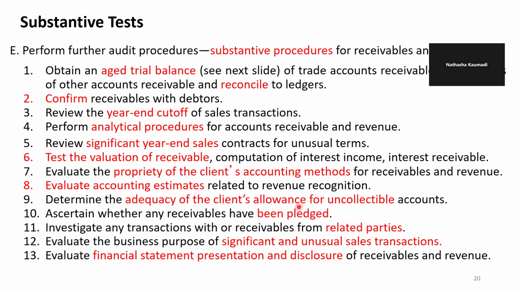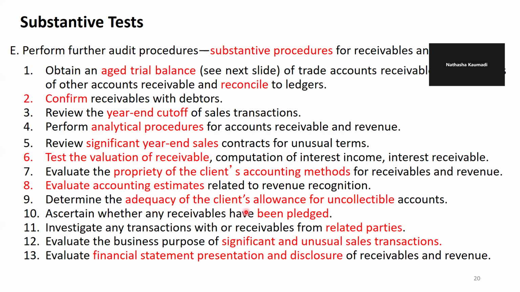Determine the adequacy of the client's allowance for uncollectible accounts, basically the impairment of trade receivables. You have to recalculate the impairment for trade receivables and see whether the assumptions they have used are okay, whether the rates they have used are fine and verifiable, and whether they have done the correct calculation. Likewise, you can do the recalculation and see.